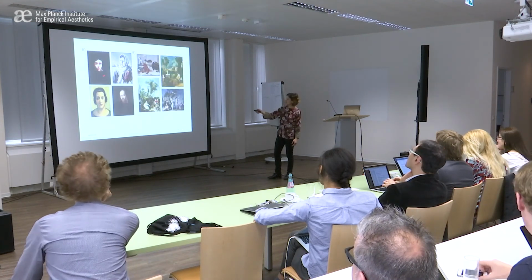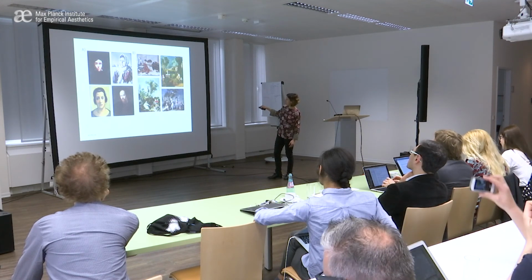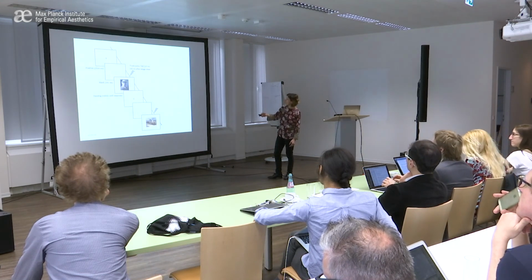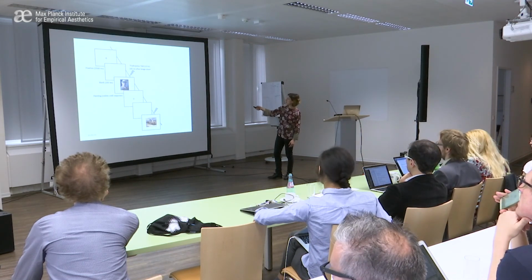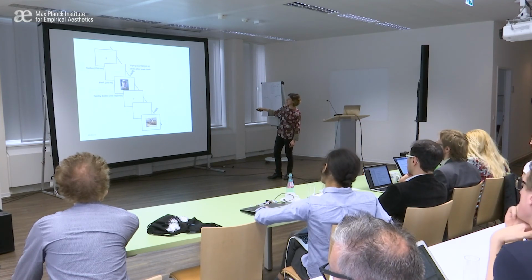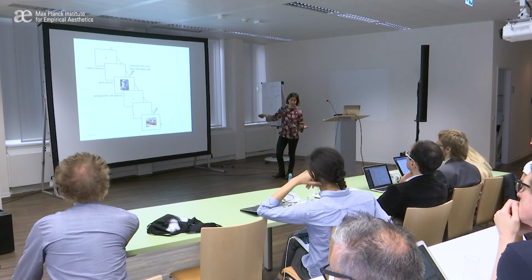This is the kind of stimuli we used: faces, portraits, and other non-portrait paintings in which bodies were still visible. And this is the paradigm. Basically, we presented participants with one painting at a time, and they had to say whether they found it expressive or not, and in another block, whether they liked it or not.